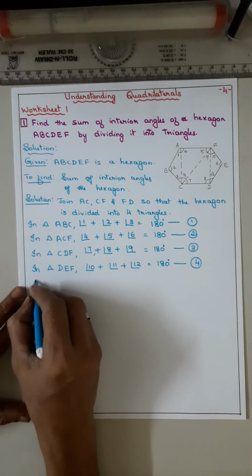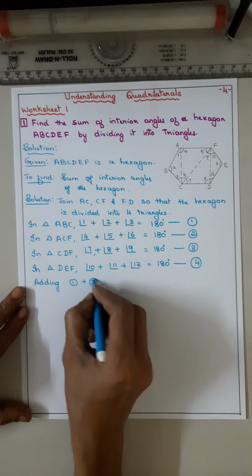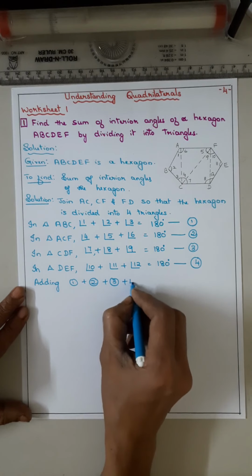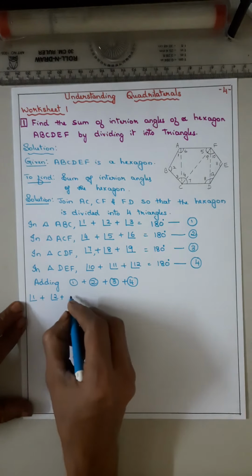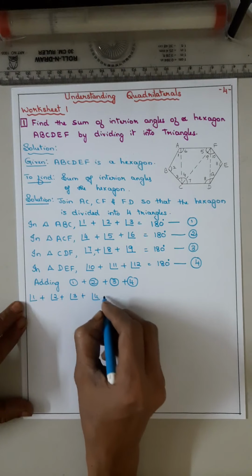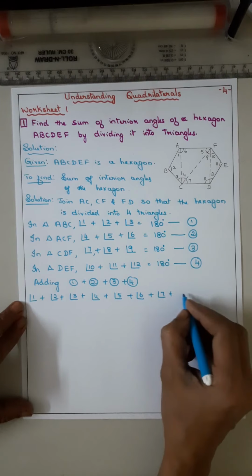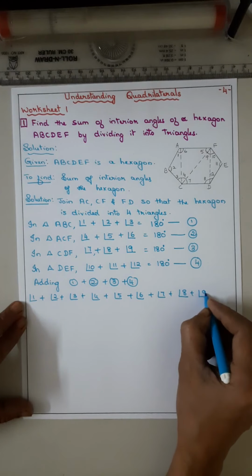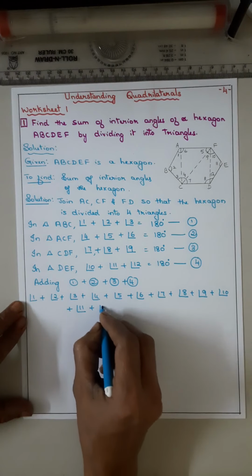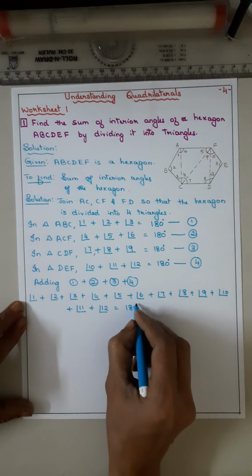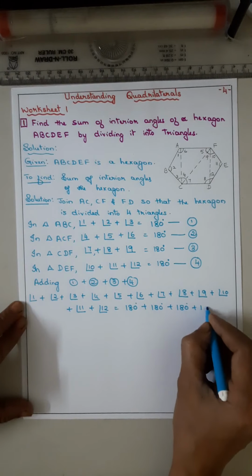Now adding all: angle 1 plus angle 2 plus angle 3 plus angle 4 plus angle 5 plus angle 6 plus angle 7 plus angle 8 plus angle 9 plus angle 10 plus angle 11 plus angle 12 is equal to 180 plus 180 plus 180 plus 180 degrees.